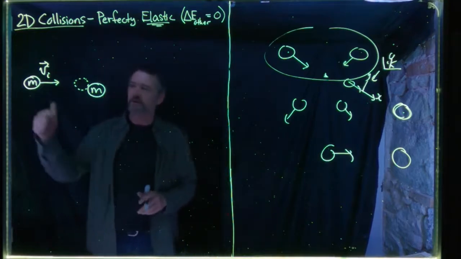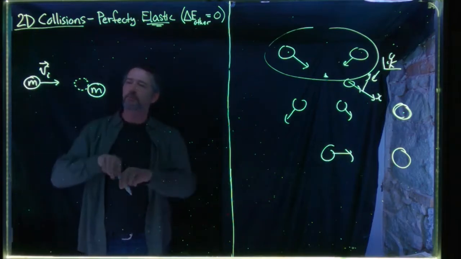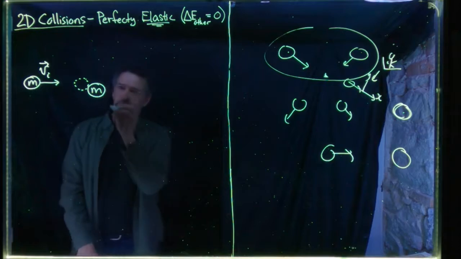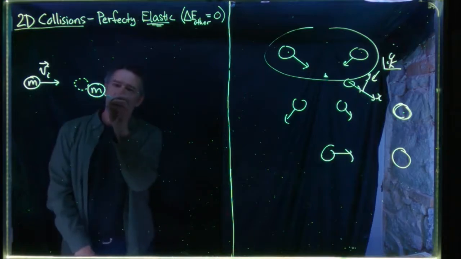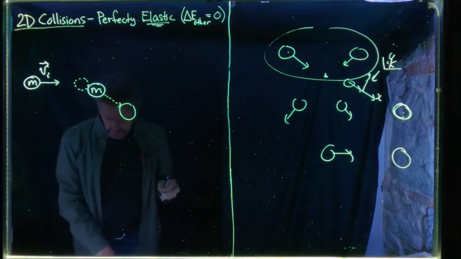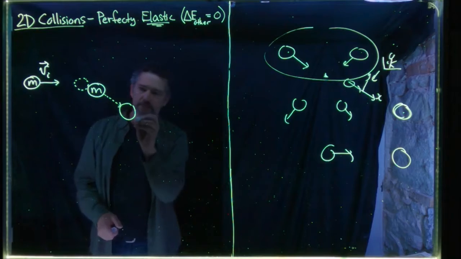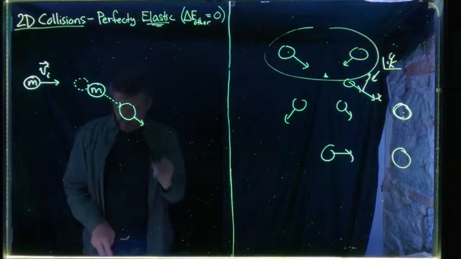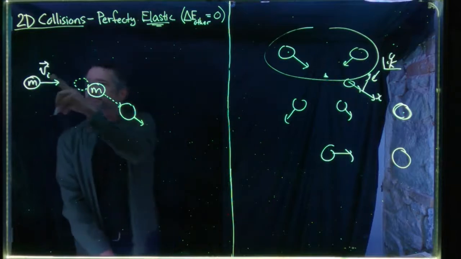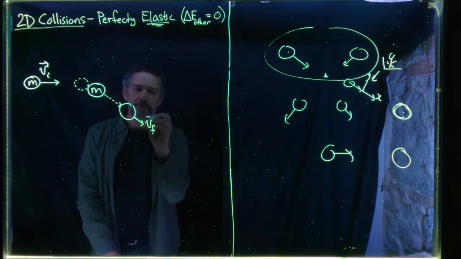And then the idea is this ball, the cue ball, is going to hit the colored ball, and the colored ball is going to go off at some angle. So after the collision, the colored ball will be here, and the colored ball will be moving with some velocity. Let's call that v. This is v initial, and this is v final.